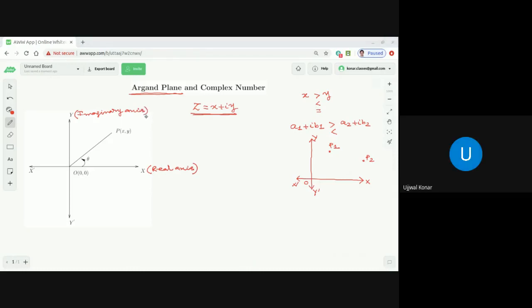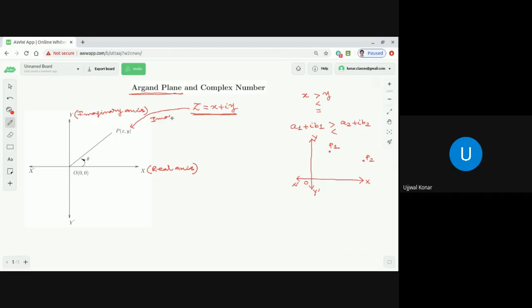This XY plane is called the Argand plane or complex plane. In that plane, the point P, x comma y, that we are plotting is called the image of the complex number z. So we can say this point P is nothing but the image.